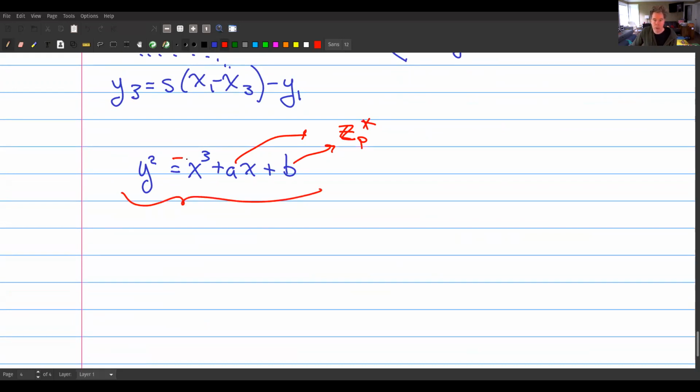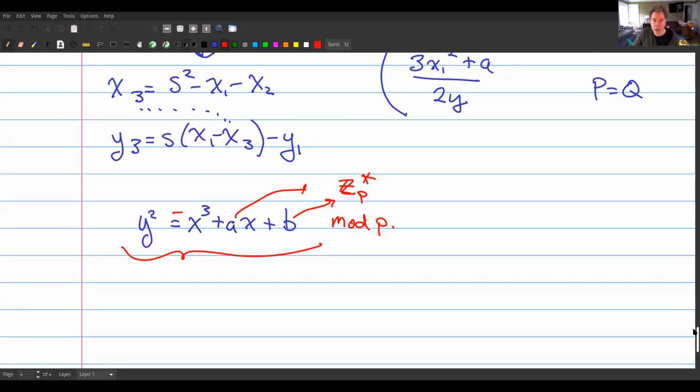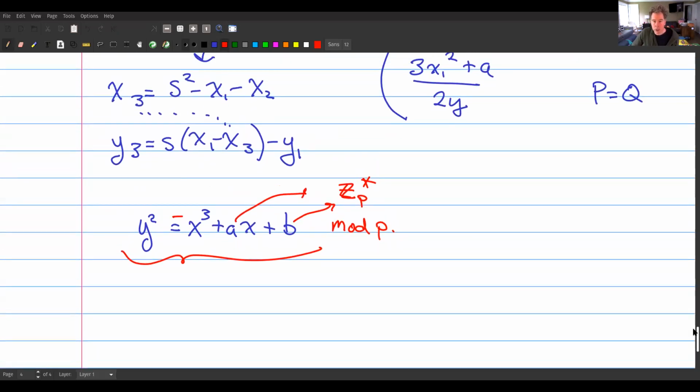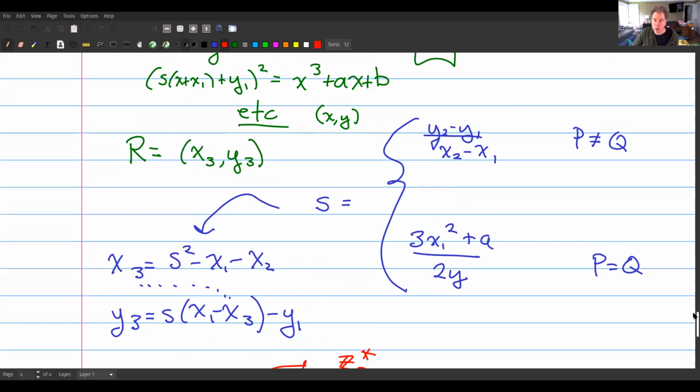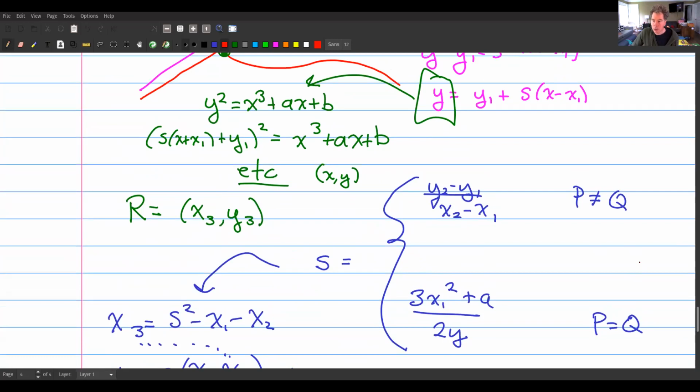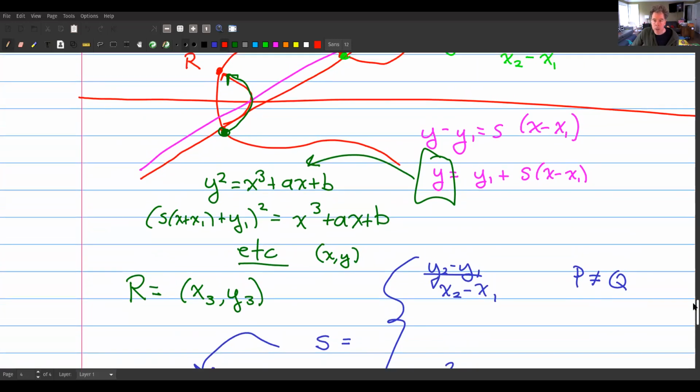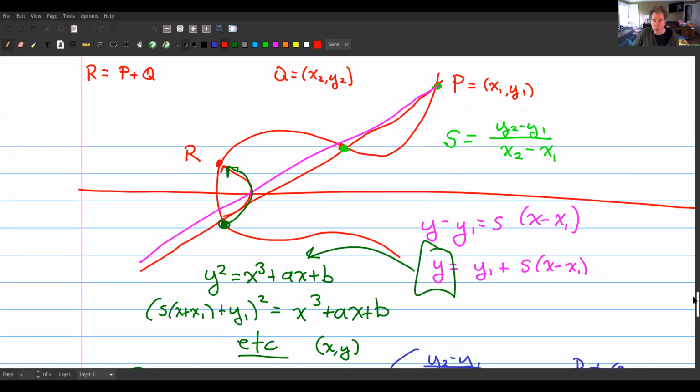So it just becomes, instead of an equality, you have a congruence, and all of this is mod p. Well, it's kind of hilarious. Even though there's no geometry at all in this discrete setting, the derivations that we use to get these formulas didn't use geometry, they just used algebra.